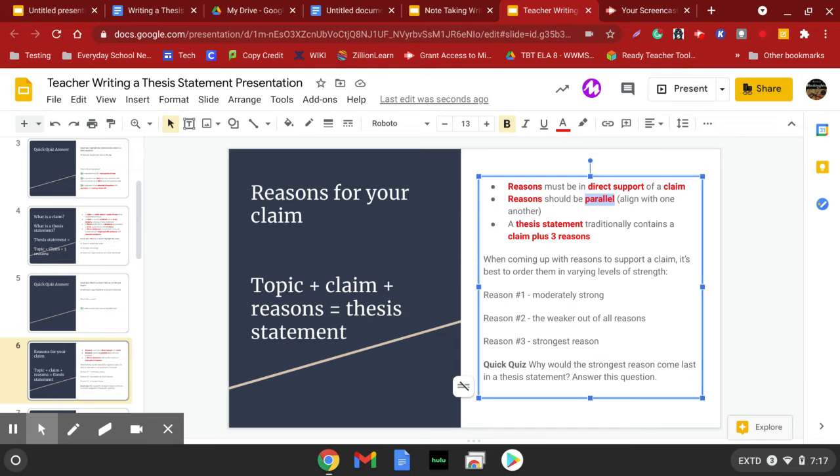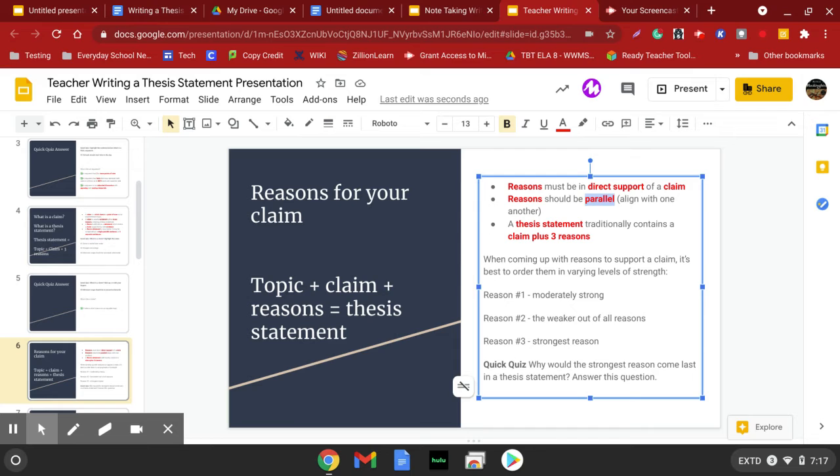So reason number 1 should be a pretty strong one, but not the strongest. Reason 2 is the weaker of all the reasons. So maybe that doesn't have scientific evidence. Maybe it has a statistic of what people's opinions are. Reason number 3 is your strongest. Maybe that's where you get all your scientific evidence.